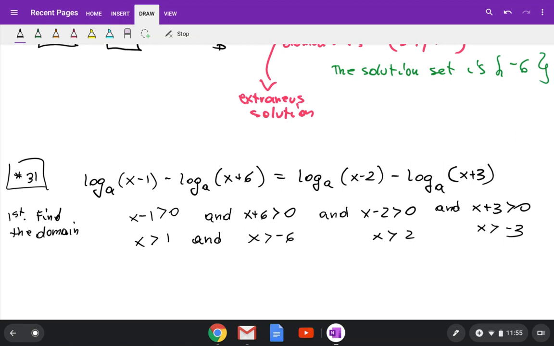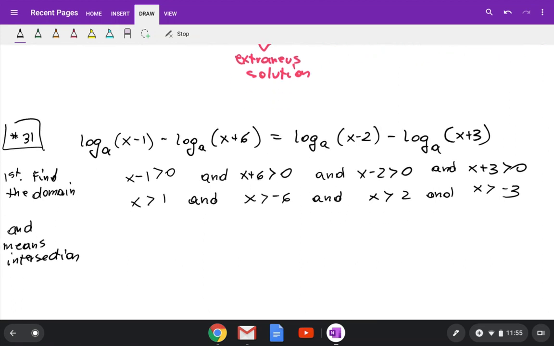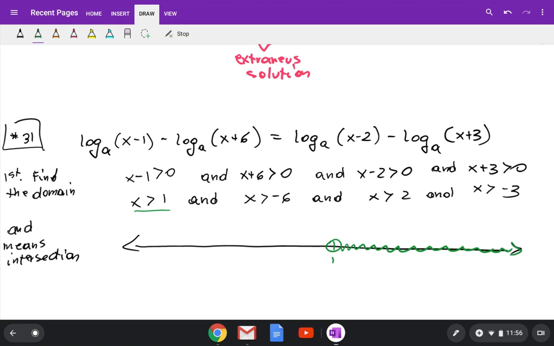When you are solving inequalities together, it means that you need to graph them together and find the intersection. Intersection is used in algebra, but also in probabilities. So I'm going to graph all of them together on a number line. That will be in green, x greater than 1, so I'm shading everything to the right of 1.